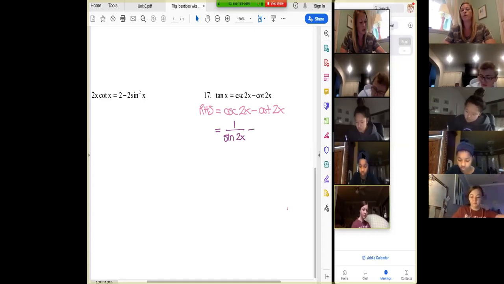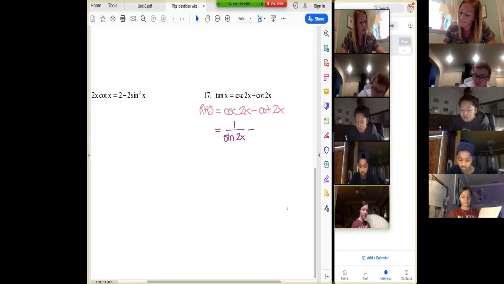Cotangent, I could do 1 over tangent. Those are kind of icky though, because the tangent's already a fraction. So rather than thinking about cotangent as 1 over tangent, I could think about it as what? Cosine 2x over sine 2x. Exactly.